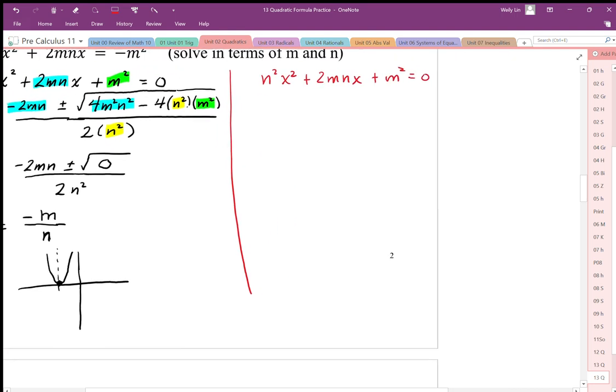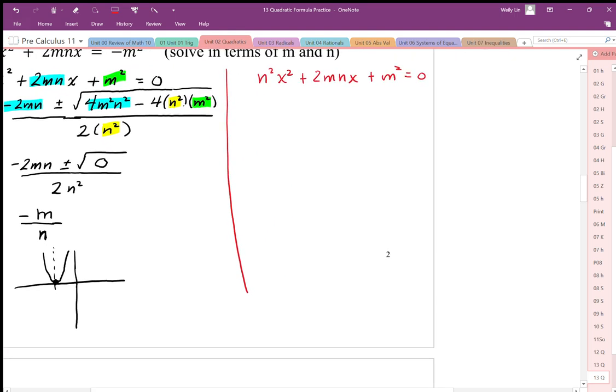Well, this actually follows the perfect square pattern for all the variables. There's an nx all squared, there's an m all squared, and then there's an mnx in the middle term. So if I were to factor this, to get n squared x squared, I need n times x.